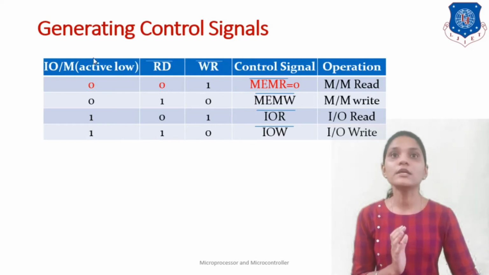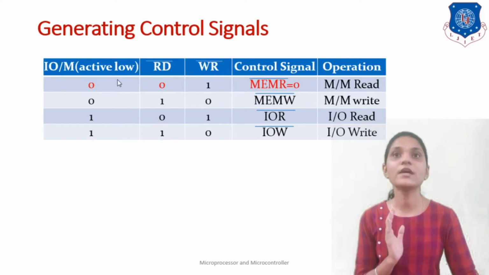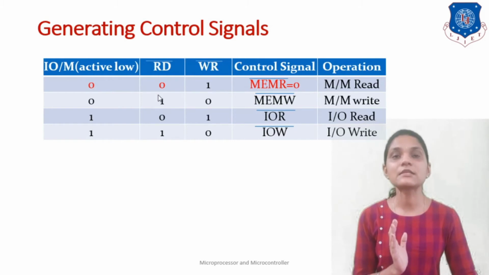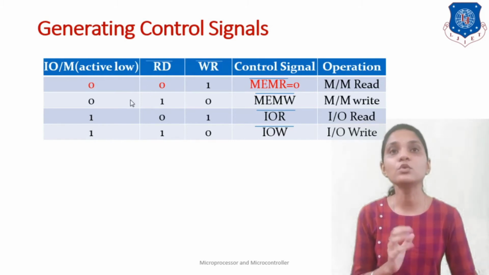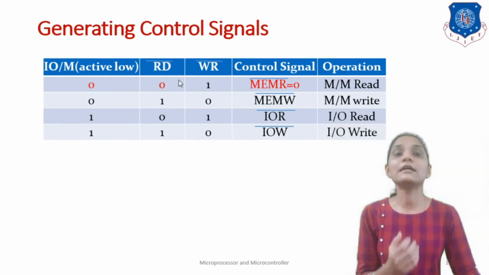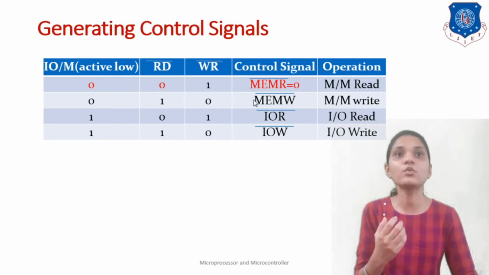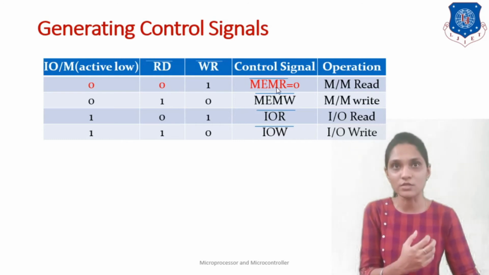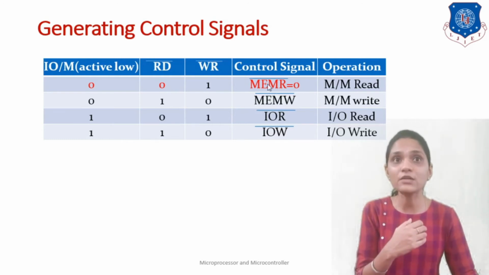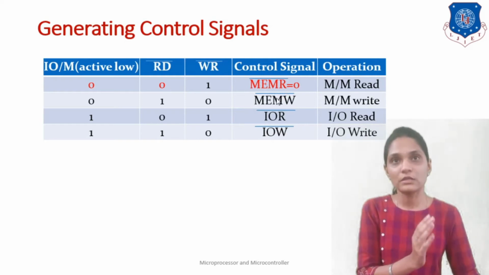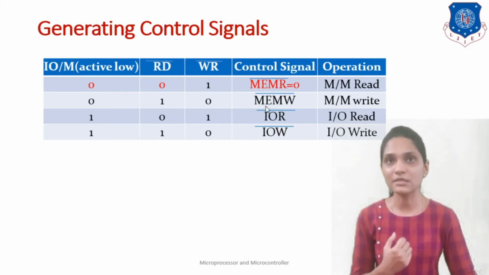So for memory read operation, IO comma M bar is 0 and RD bar is 0. By combining these 2 signals, we have to generate another signal, and its value should be 0. Whenever both of these are activated, we generate the memory read control signal, but that is also an active low control signal. That means I have to generate this as a 0 to indicate the memory read control signal is generated.